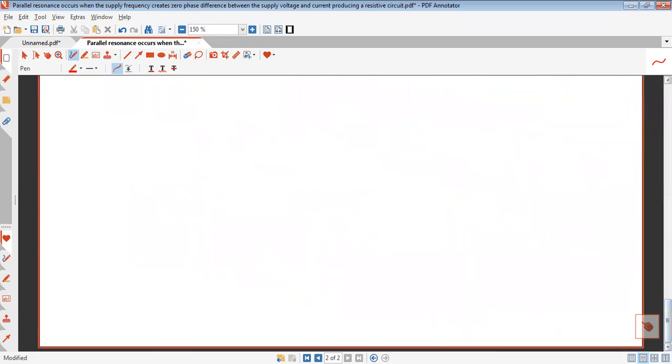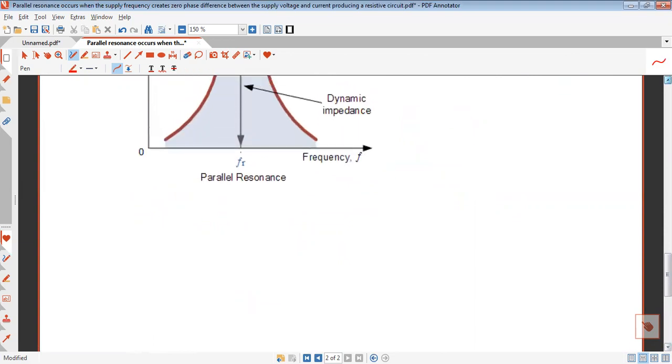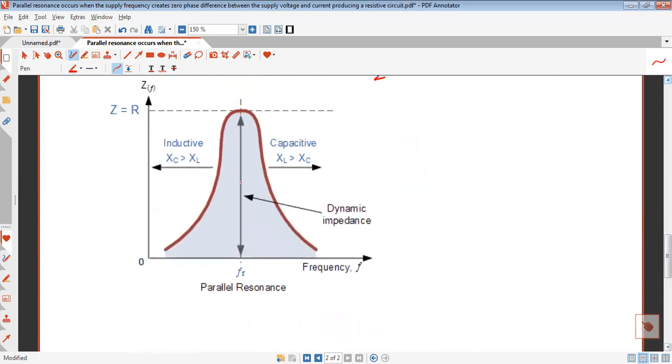Now we see one very interesting graph plot, which is shown during the parallel resonance. It is an impedance versus frequency plot. At Z equal to R, when impedance is equal to R, this is the impedance shown here.